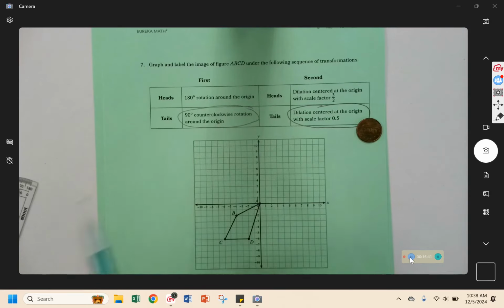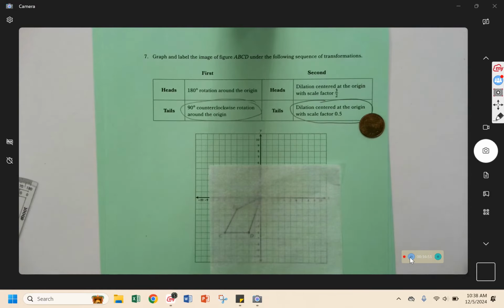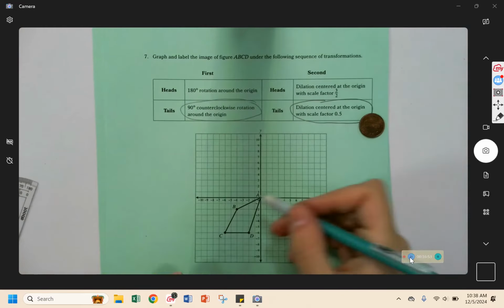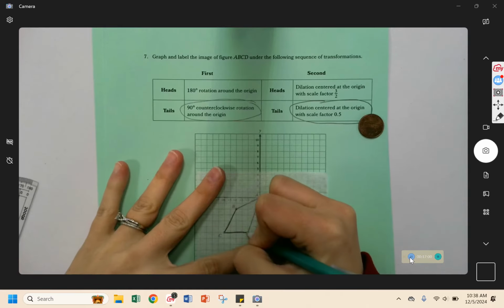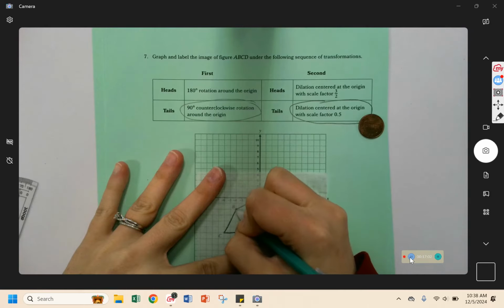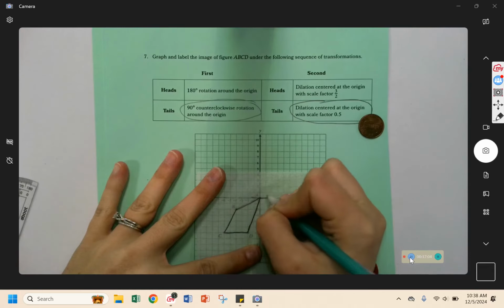A 90-degree counterclockwise rotation about the origin, followed by a dilation with a scale factor of 0.5. The nice thing about this is the axes create a 90-degree angle for us. So we're just going to trace this little line through the origin. We are going counterclockwise, 90 degrees.